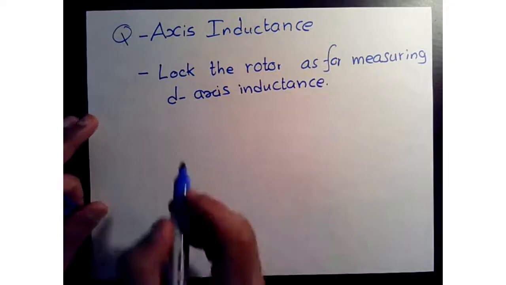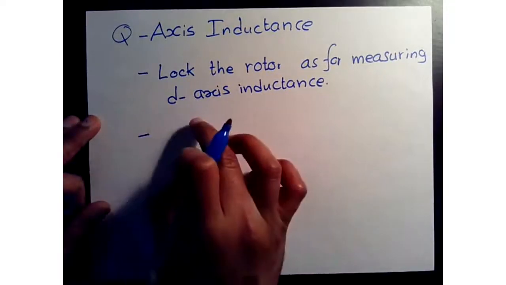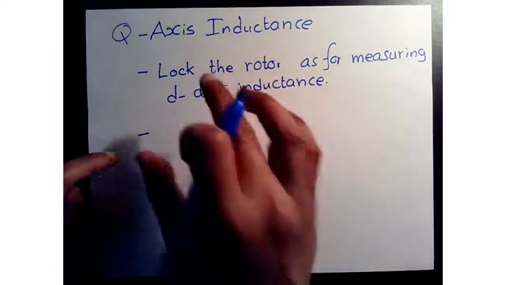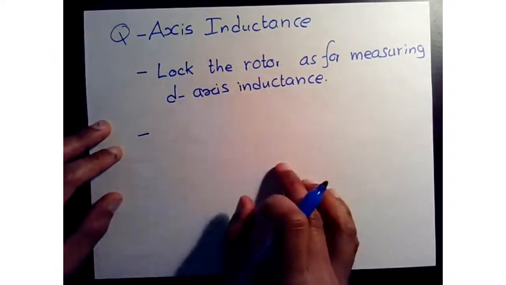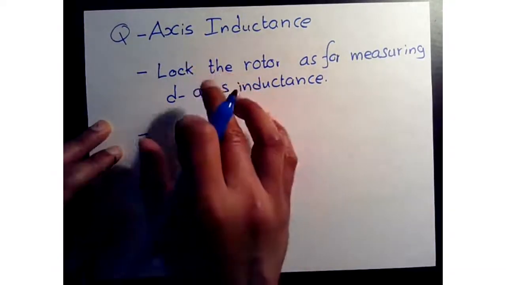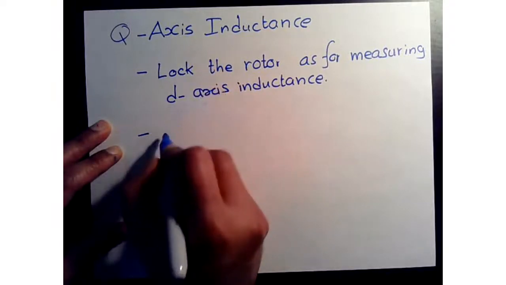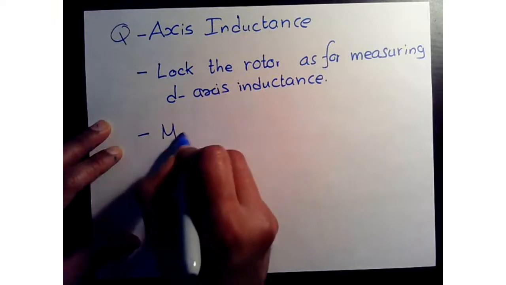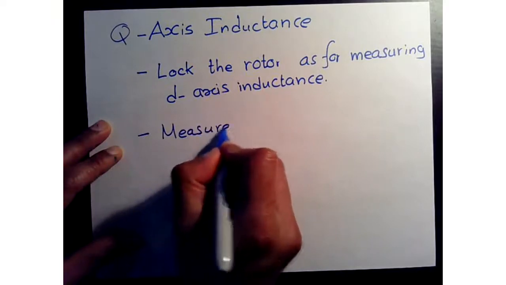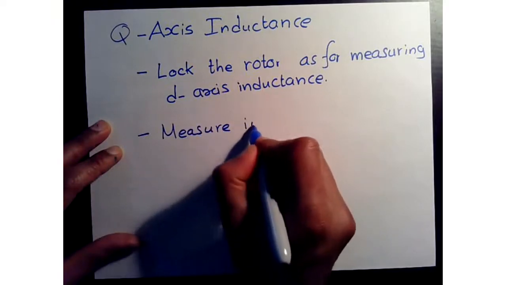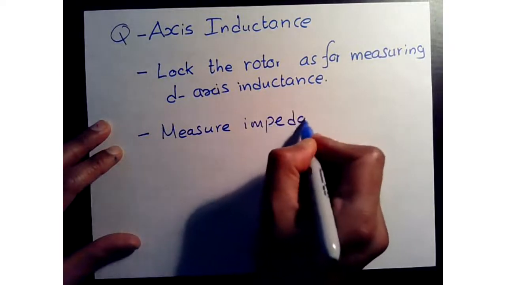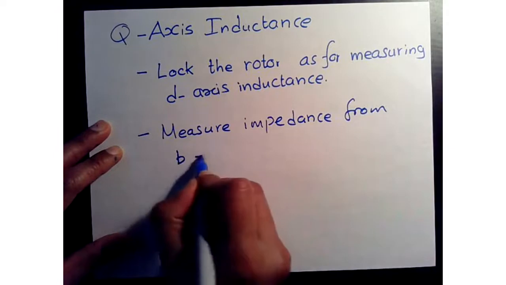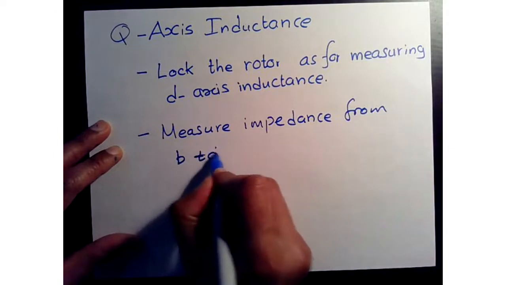And then instead of measuring from A to BC, we will measure impedance from B to C. I'll show you what we're going to capture. Measure impedance from B to C.